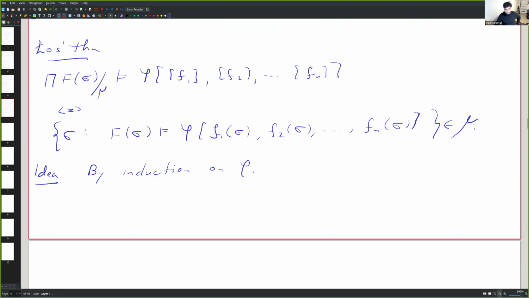So we can assume the formula is basically there exists u psi, right?